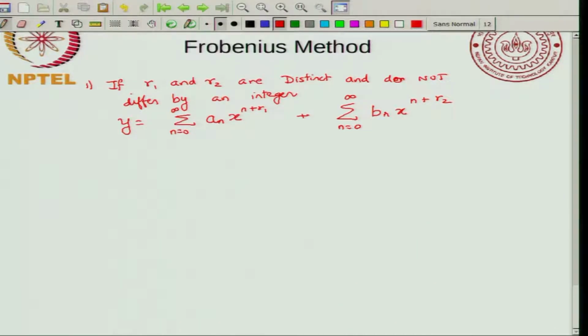So I will have coefficients b_n, x^(n + r2). So if the two roots are distinct and do not differ by an integer, you can write it in this form.